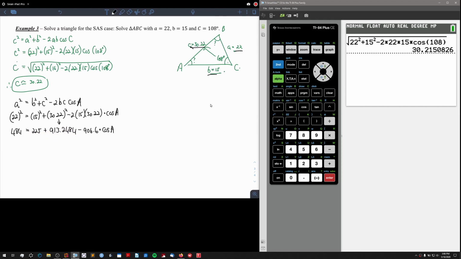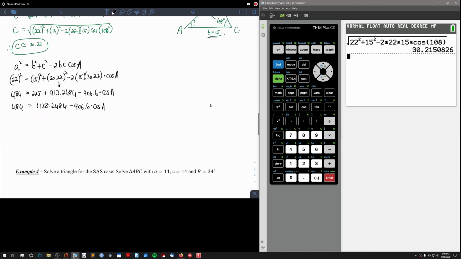Okay, so what you get is 484 equals, I think you get, if you combine this, 1138.2484, okay, minus 906.6 times cosine A. And then subtract this both sides. Man, why am I having a hard time writing that? 2484. Subtract this both sides.